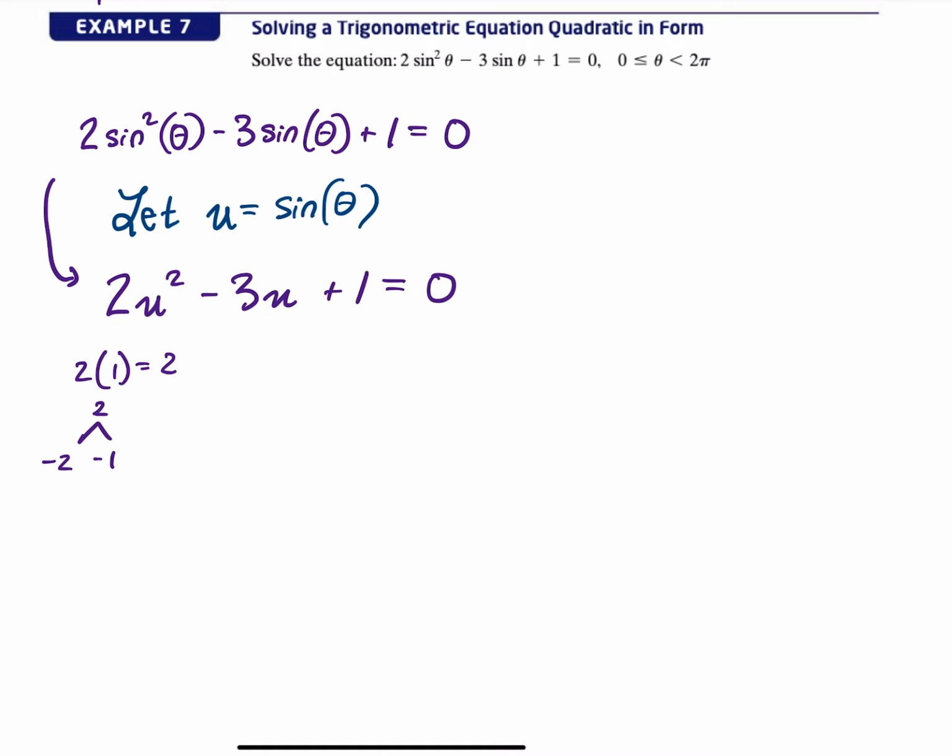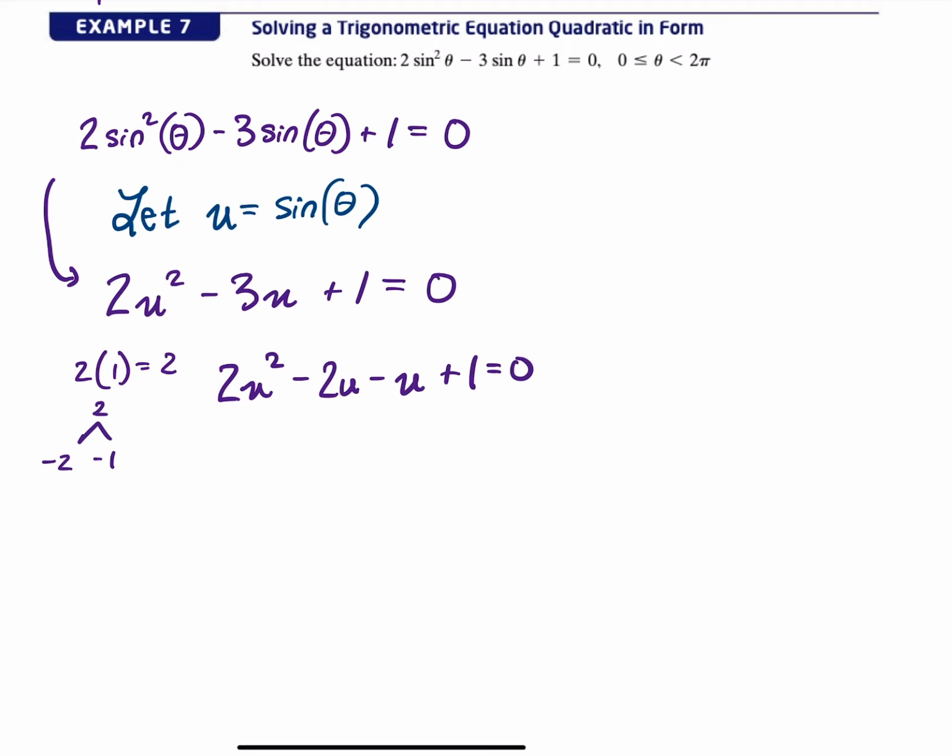Negative 2 times negative 1 equals positive 2, and negative 2 plus negative 1 equals negative 3. So I'm going to rewrite this middle term using these two numbers. I'll show you what I mean. So 2u squared, instead of minus 3u, I'm going to say minus 2u minus 1u. Then we still have the plus 1 equals 0.